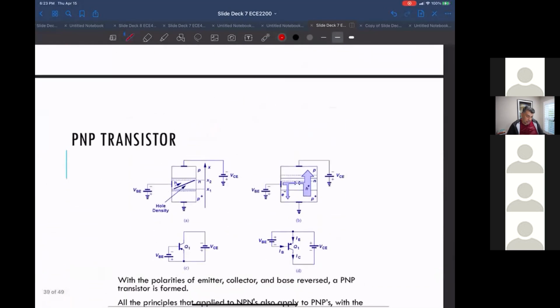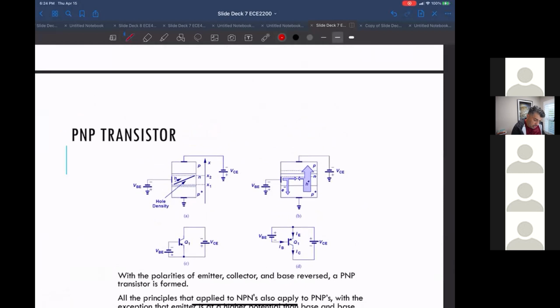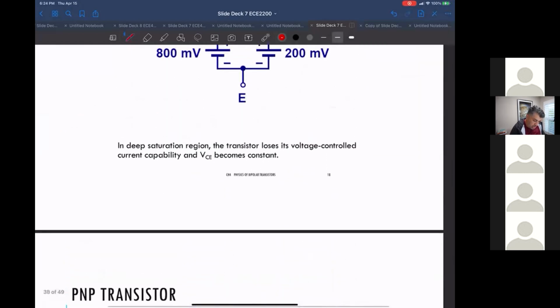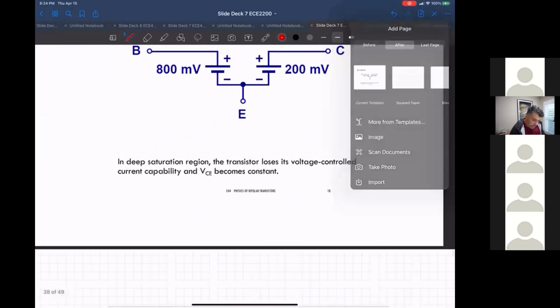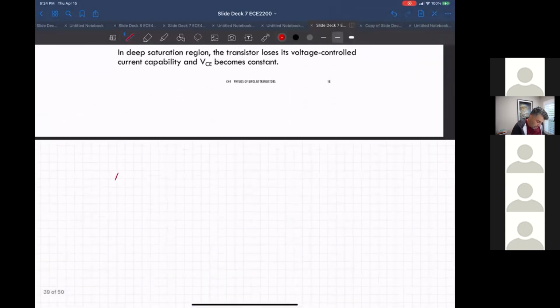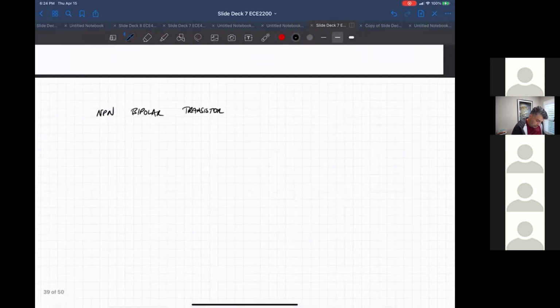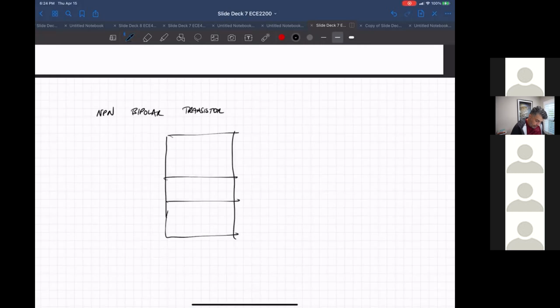Okay, the other thing I wanted to touch on is saturation and the PNP transistor. So we've been talking about the NPN bipolar transistor. You have the emitter, base, and collector.